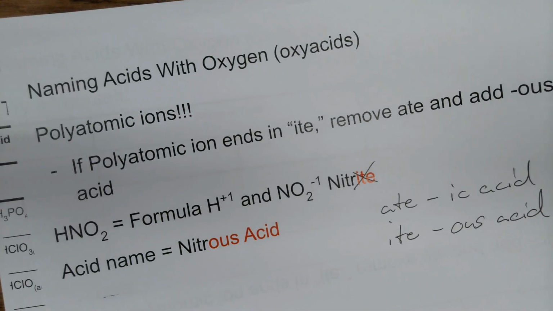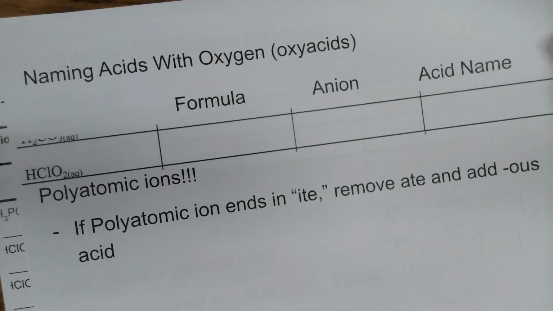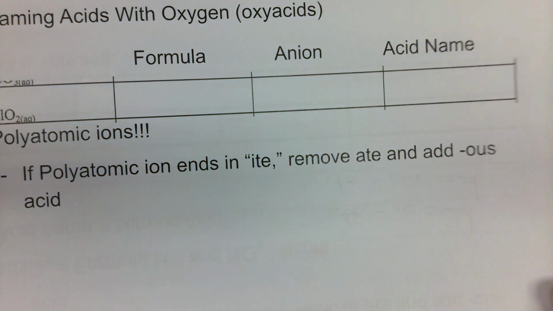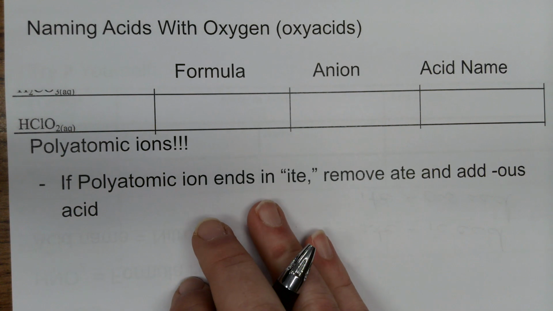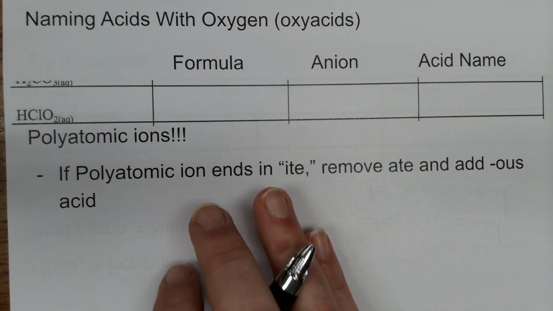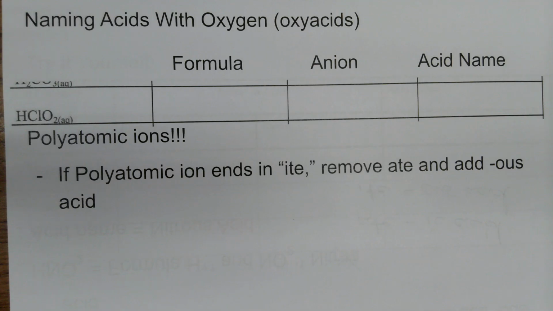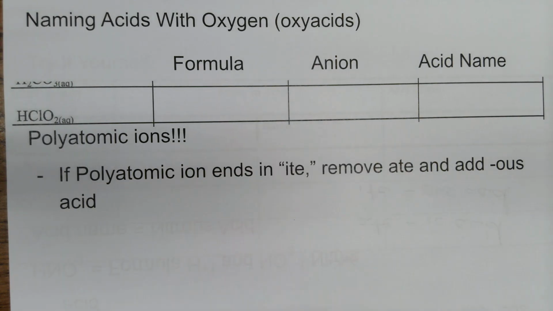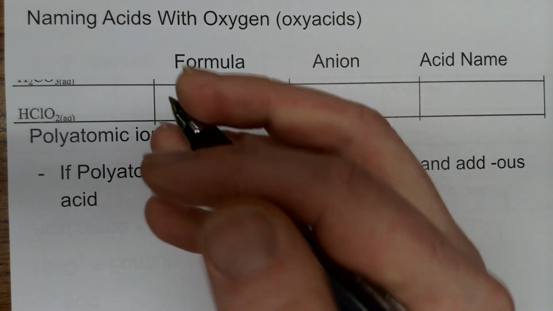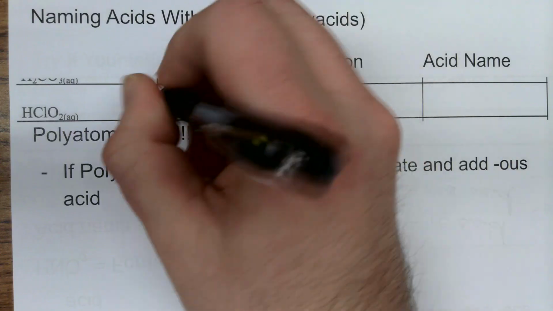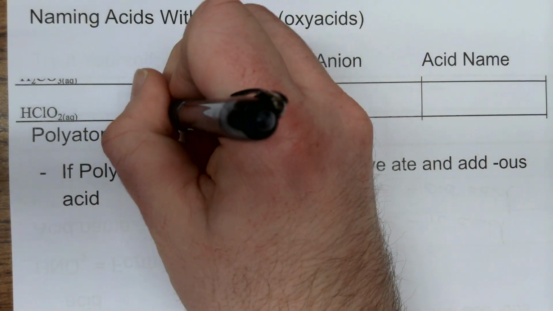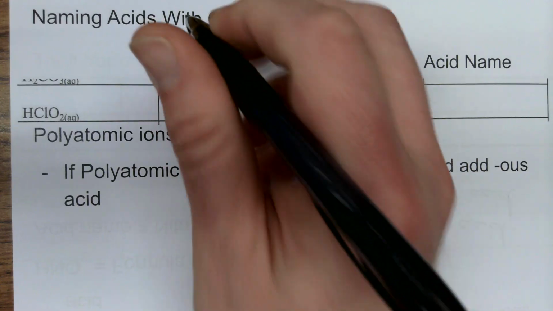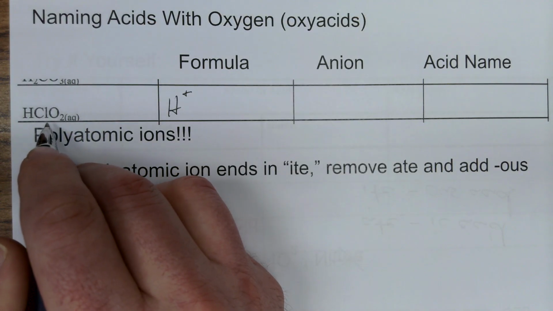All right. So, let's do an example together. We're gonna do a couple at the end. So I'm looking at my ions here. I'm gonna have hydrogen for sure. What polyatomic ion am I looking at right here?